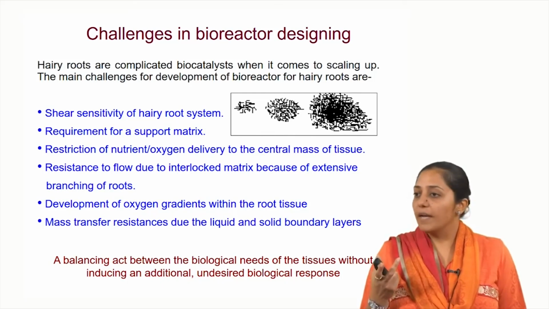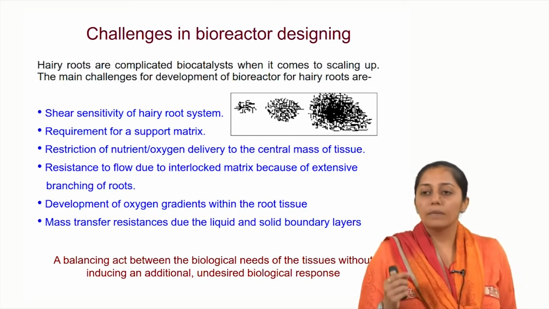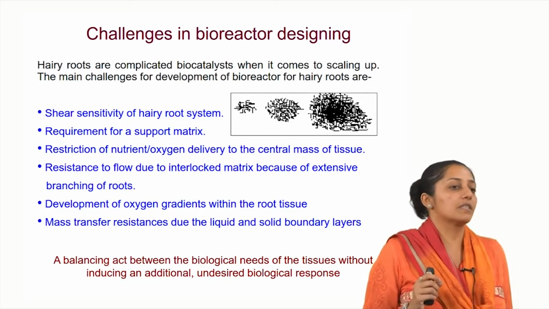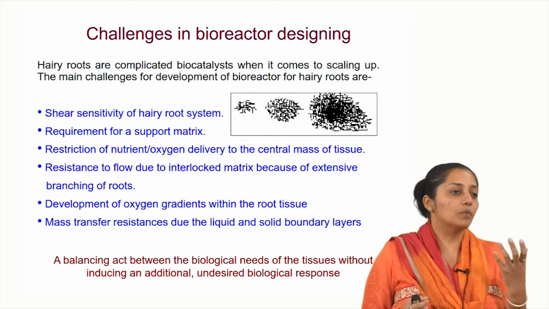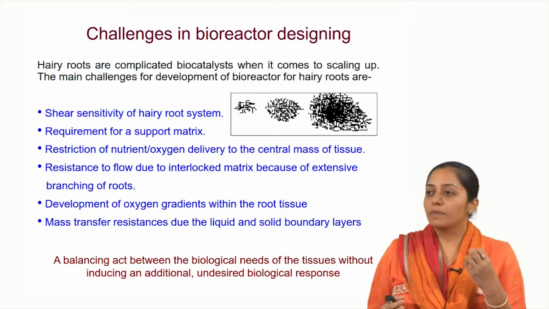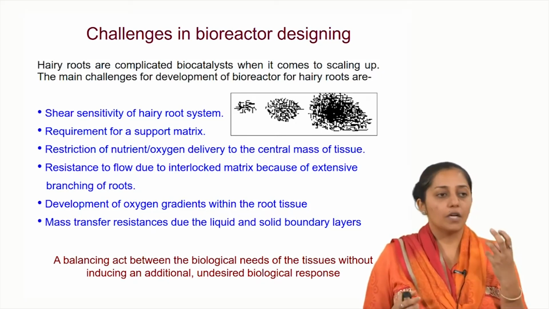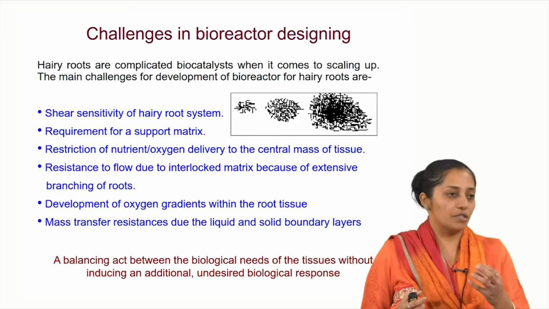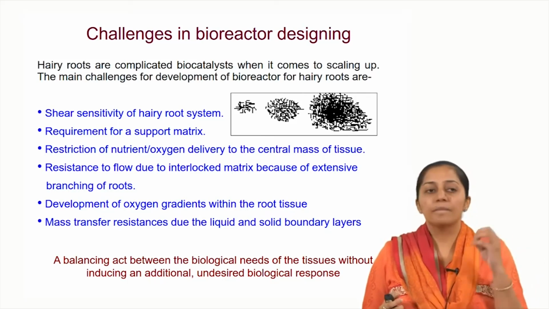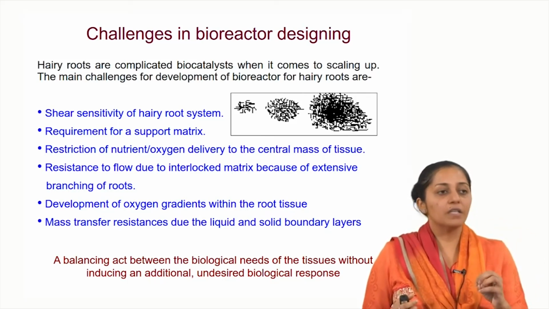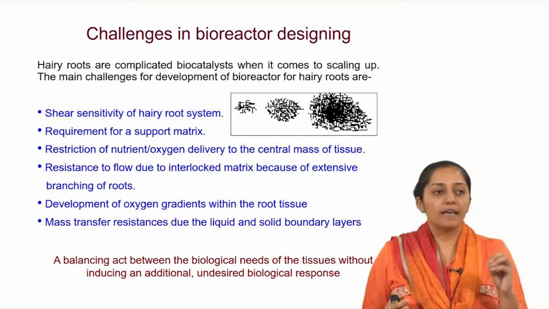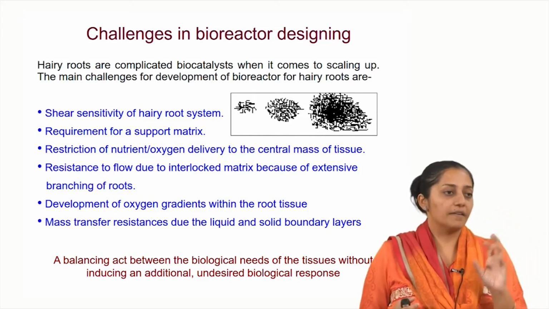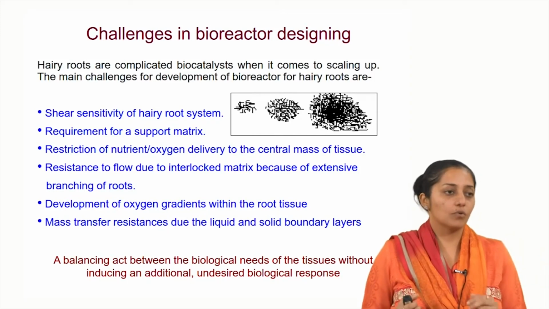So they grow like a mesh matrix. The problem with hairy roots is that as the working volume increases, even from day one, depending on the size of the inoculum, there can be gradients of nutrient limitation, especially oxygen, and also nutrients, if the size of the matrix is big as it grows.